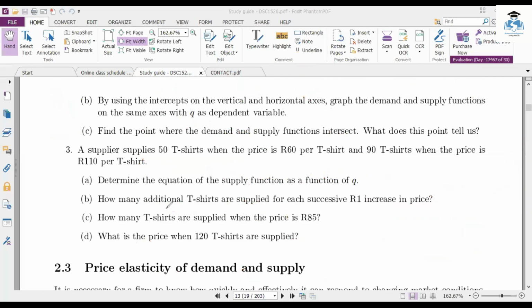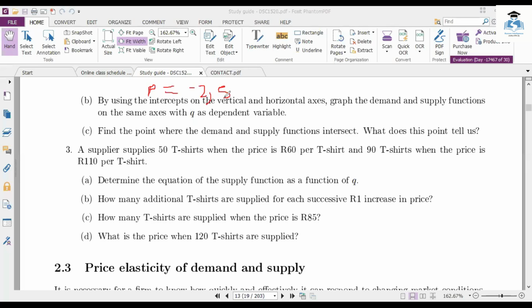Okay, so it says, how many additional t-shirts are supplied for each successful R1 increase in price? Remember, P is equal to minus 2.5 plus 1.25Q, this is our equation.